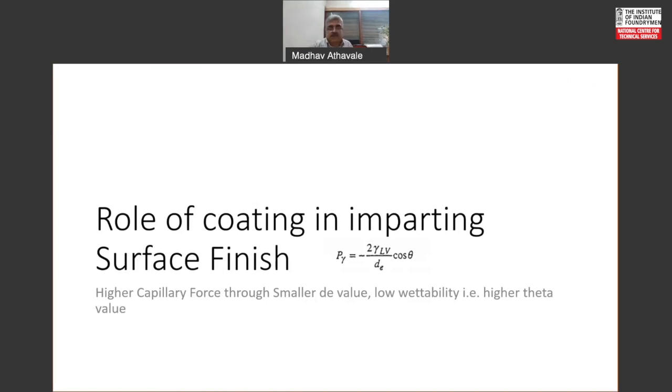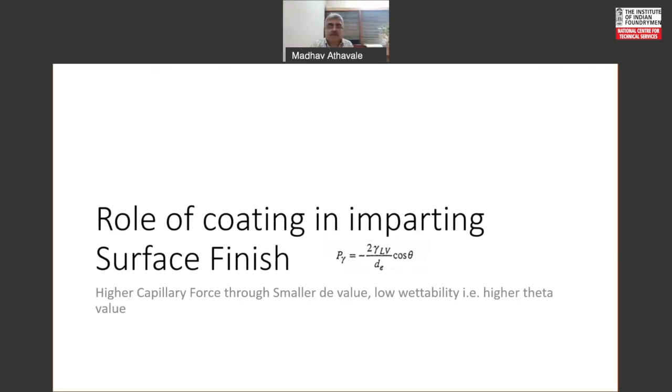What coating does is it fills these pores and reduces dE. By having proper chemistry, it will also take care of wetting, which is cos theta, while gamma LV is much more a function of the metal.